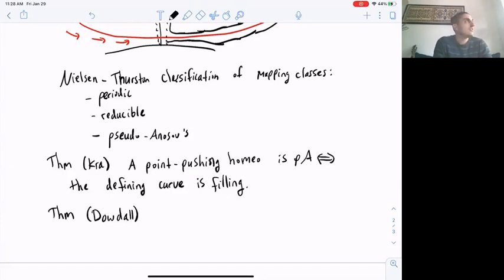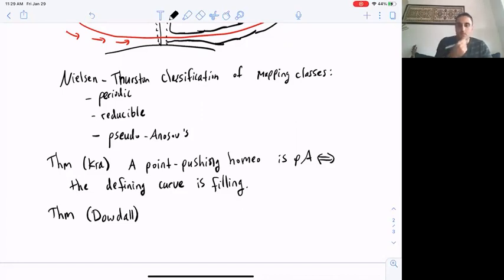Like, pseudo-Anosovs have invariants that you can discuss, such as their dilatation or their translation lengths on various graphs or spaces related to the surface. And you can ask, are there any relationships between the dynamical invariants of this pseudo-Anosov and topological properties of the curve that defines it?